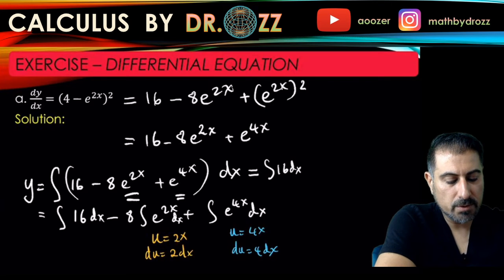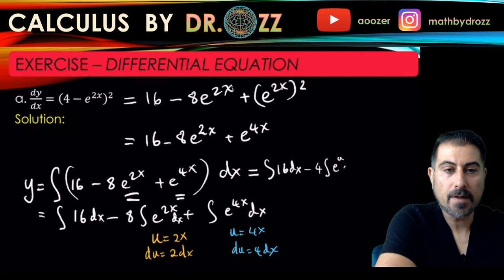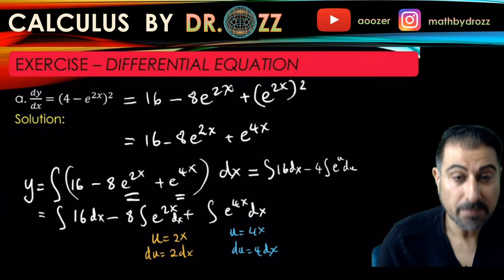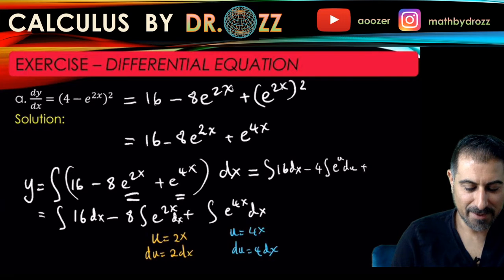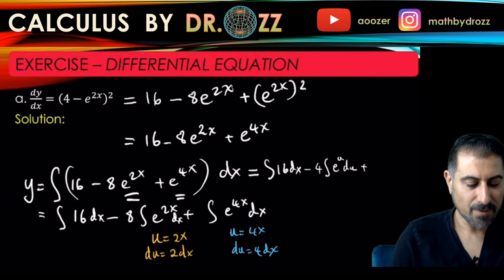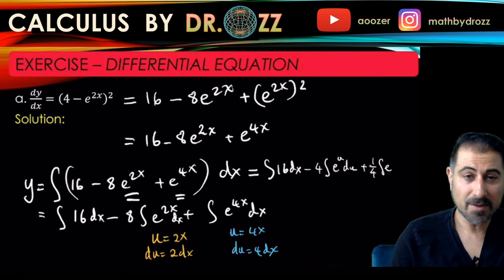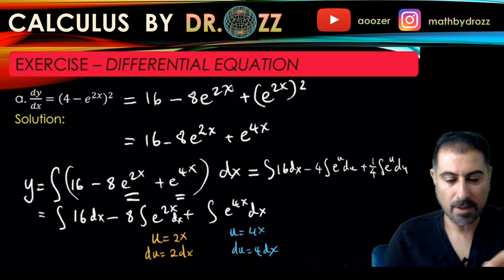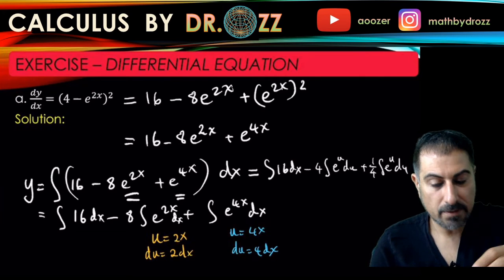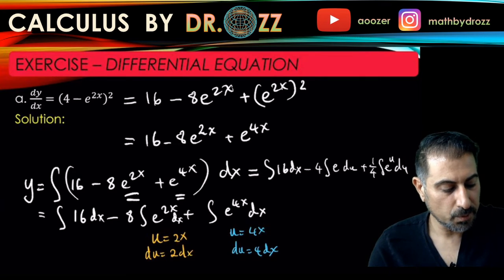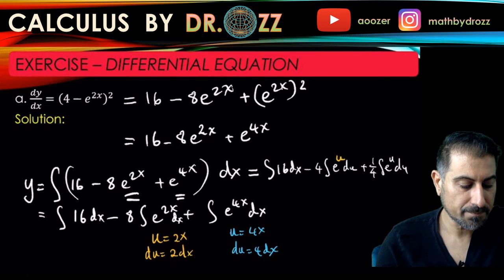In other words, this would be negative 4 e to the u du. The other one is 1/4 e to the u du. But be careful because the u's are different here. For that reason, let me go with yellow here, and let me go with blue here.